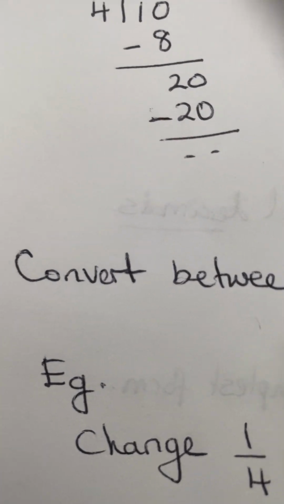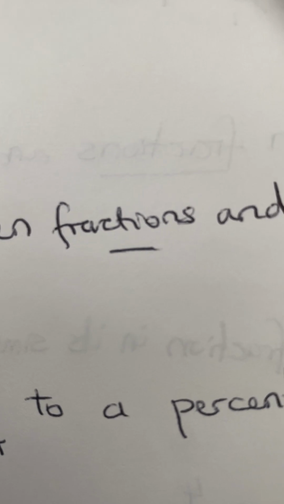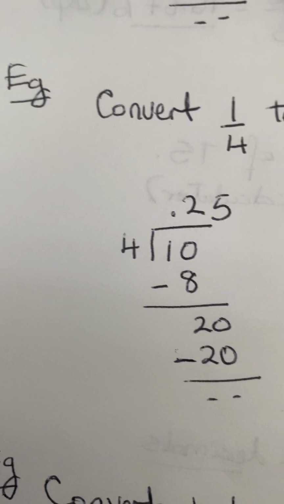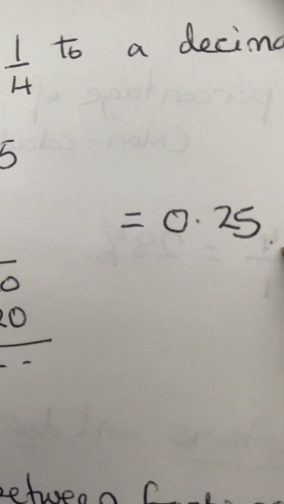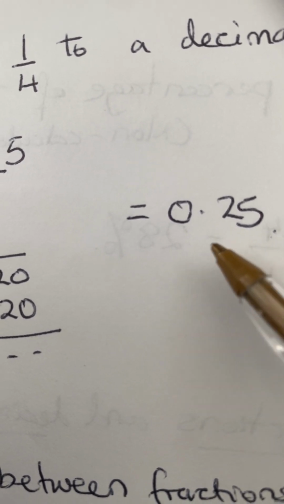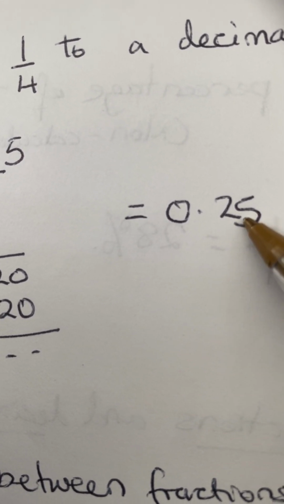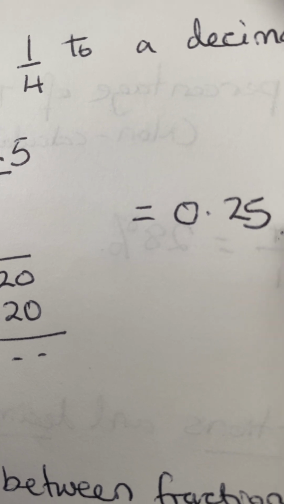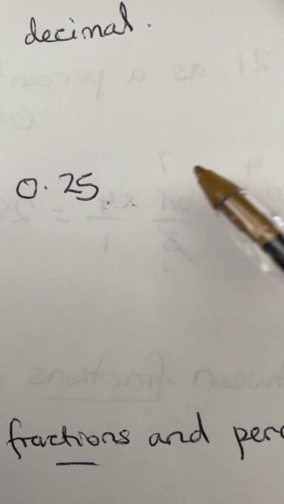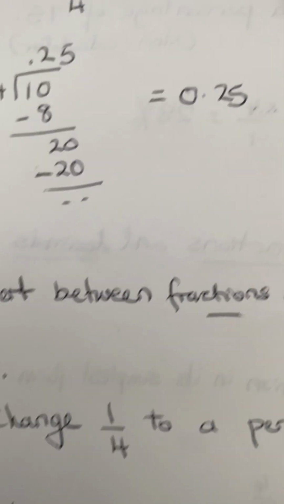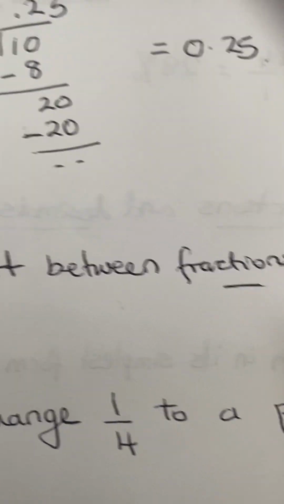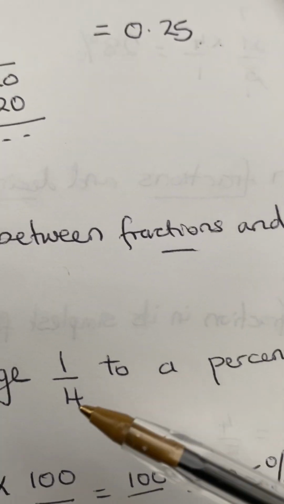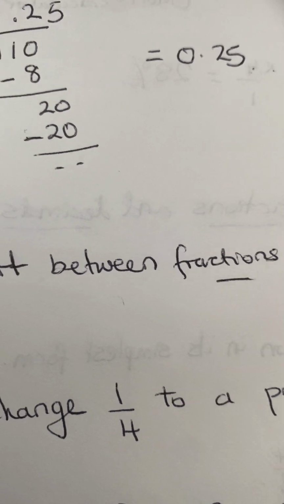Now convert between fractions and percentages. Okay, so what we did here, 1/4, we changed it into a decimal, and I just said if you want to change this into a percentage, you multiply by 100 and then get 25%. So that is what I'm going to show you now. Change 1/4 to a percentage.